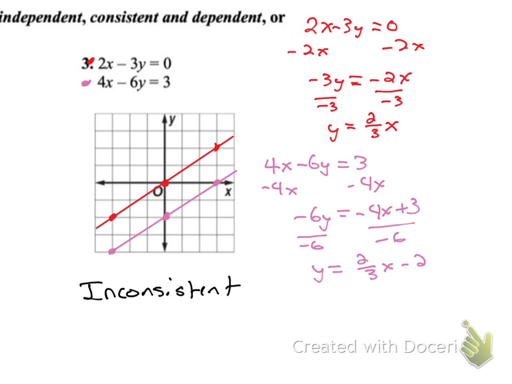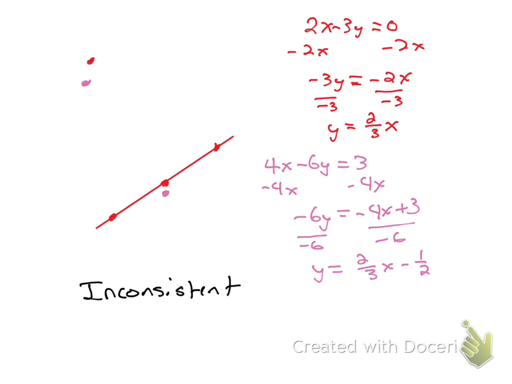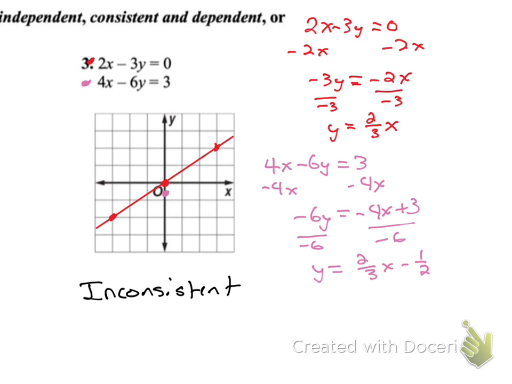That should be -1/2 at the bottom. Up 1, right 2. Down 1, left 2.